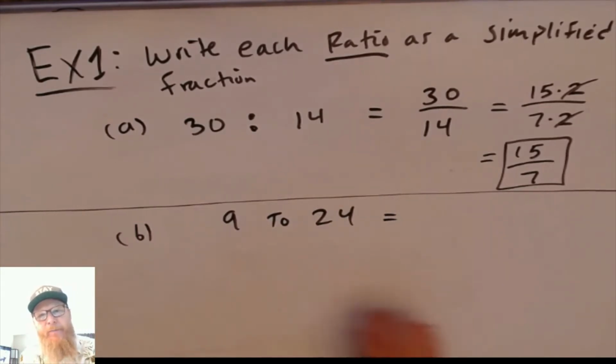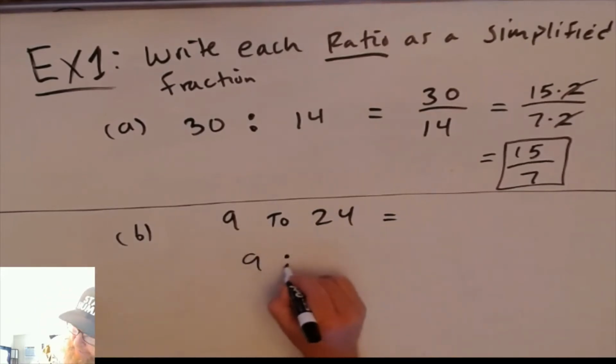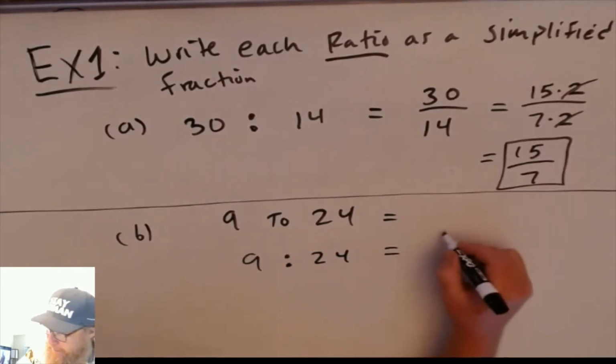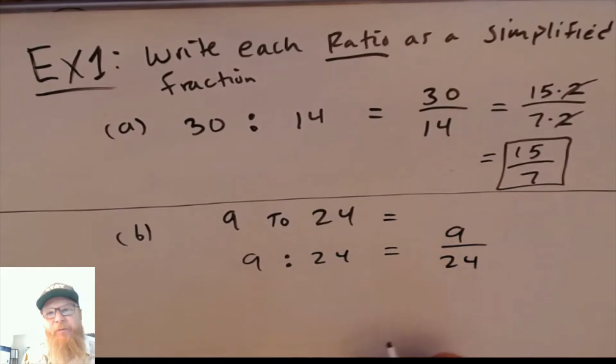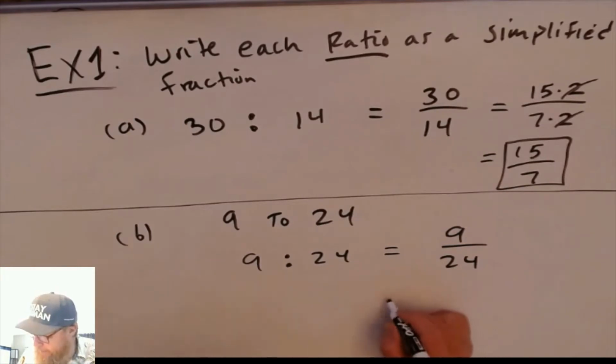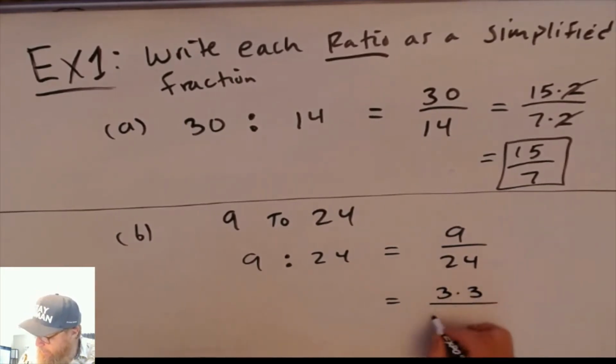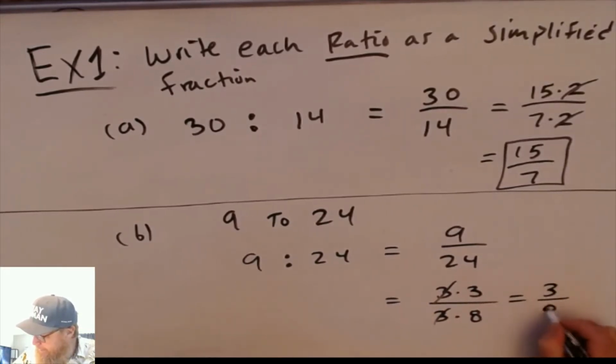Okay. 9 to 24 means the same thing as 9 colon 24. They mean the same thing. It's 9 over 24. And again, simplify this if possible. 9 is 3 times 3. 24 is 3 times 8. And you can cancel a pair of 3's.